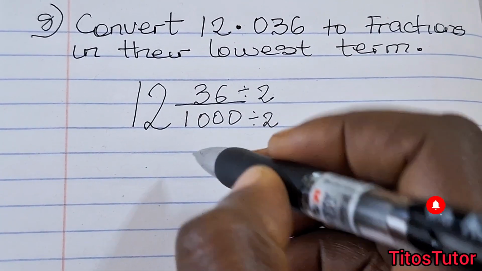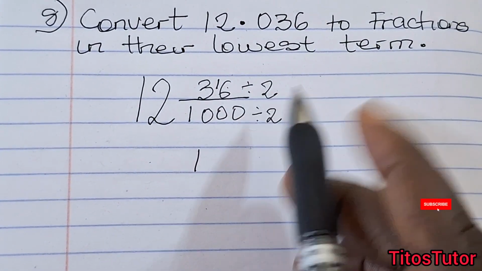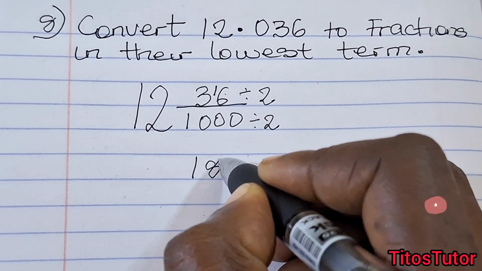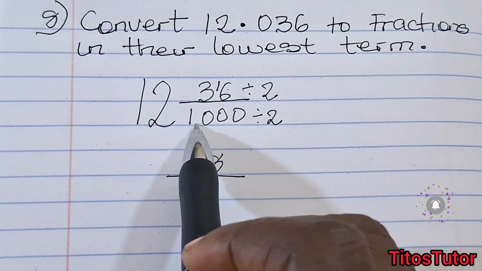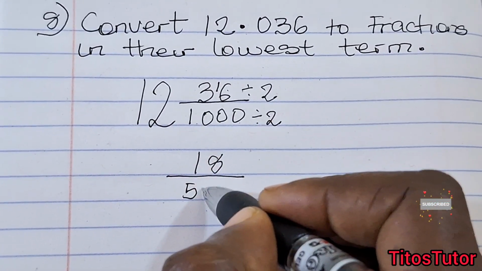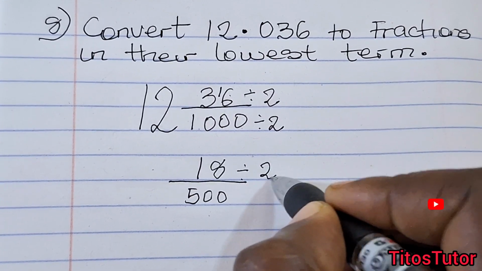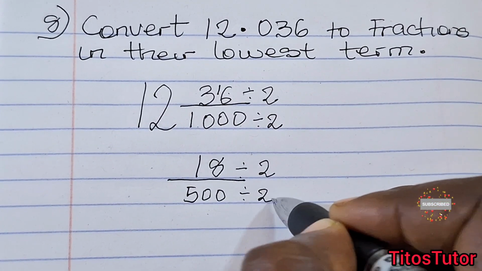36 divided by 2 is 18. 1000 divided by 2 is 500, with my 2 zeros. This is divisible by 2 again, and this is divisible by 2 as well.